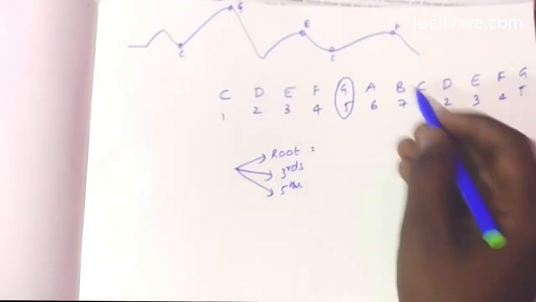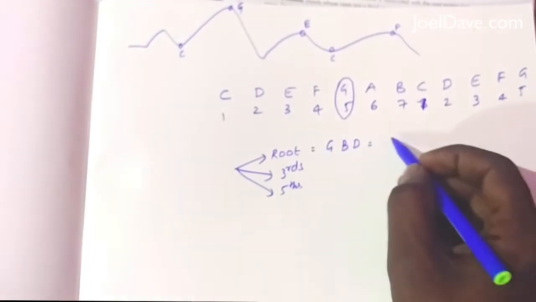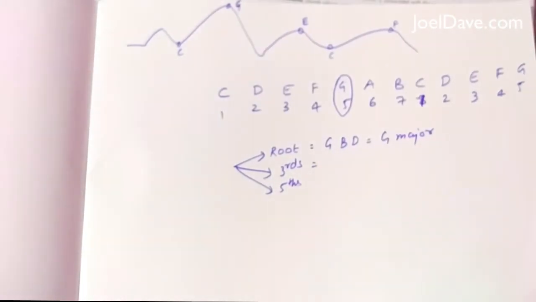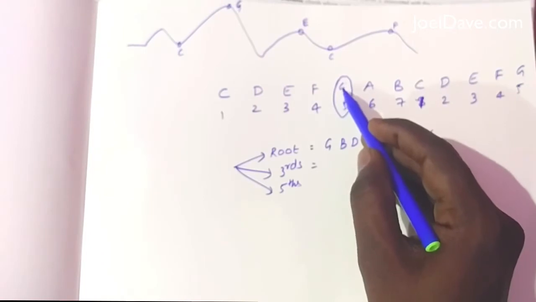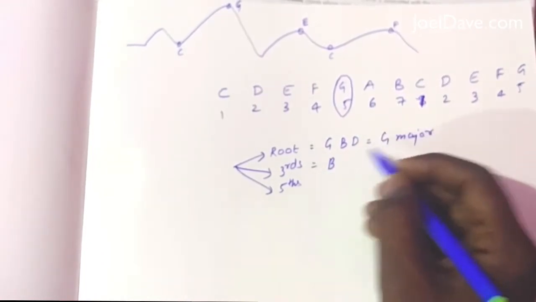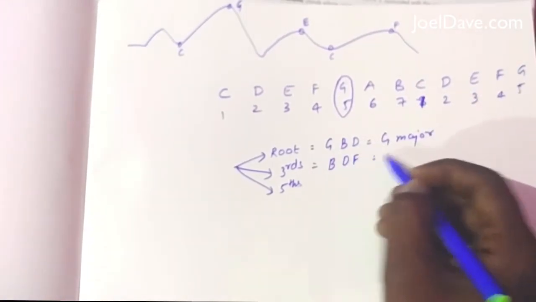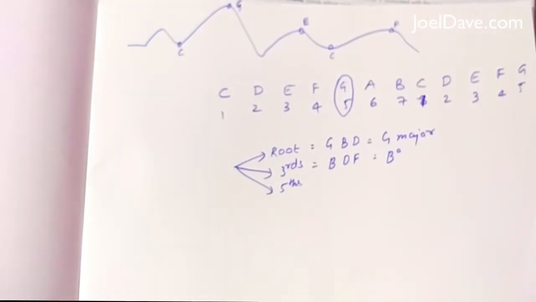So it's going to be a root position G, B, D, or a G major, or with the third, I go forward to a B. That could be a B diminished, B, D, F. So that could be a B diminished chord.